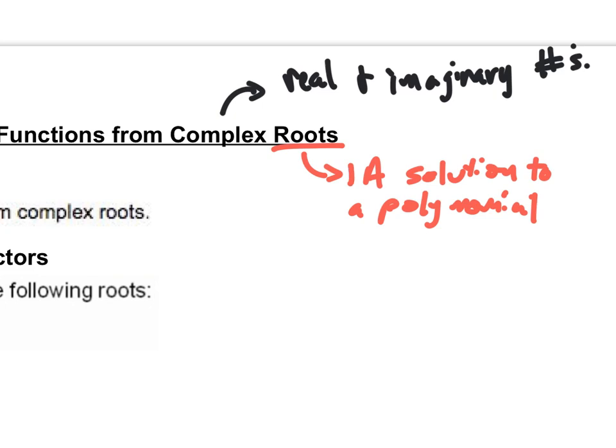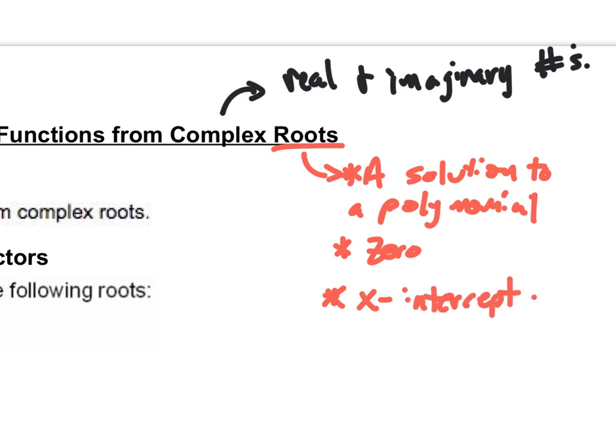Another way of saying a root is a zero of a polynomial. Another way of saying that is an x-intercept.